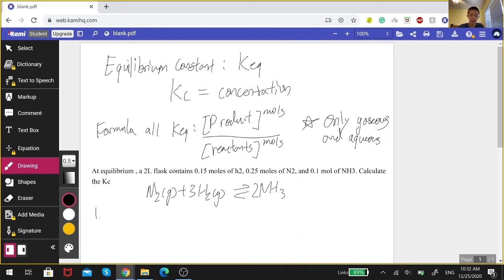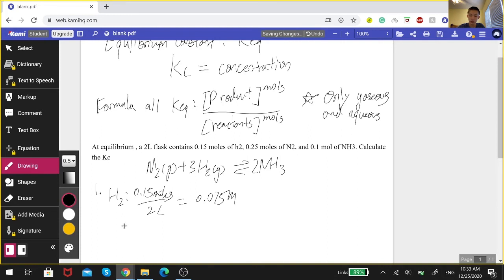Our first step is to find the concentration of all the reactants and products by doing moles over liters. So H2 would be 0.15 moles divided by 2 liters, which gives you 0.075 molarity.